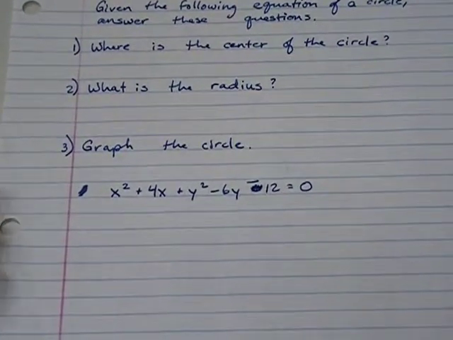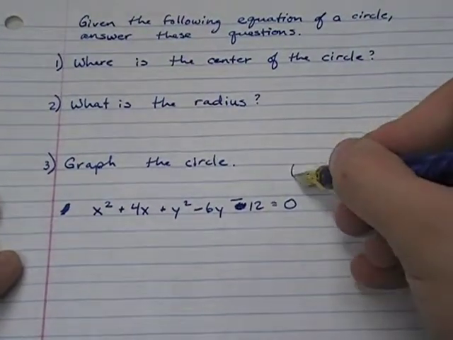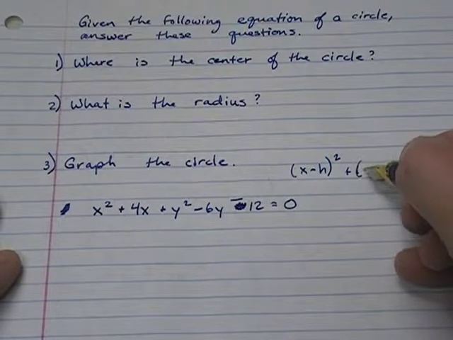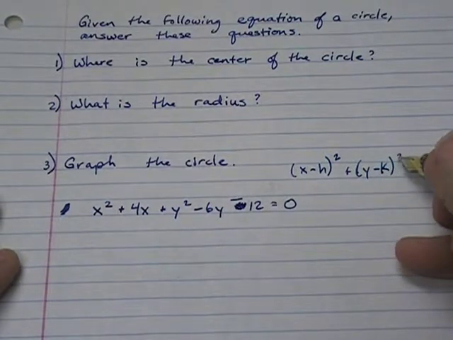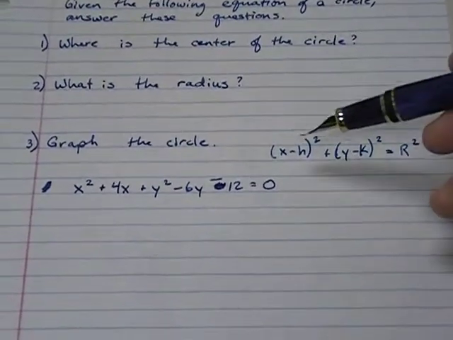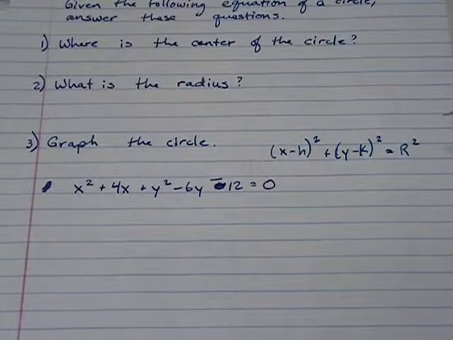Right now we've got x squared plus 4x plus y squared minus 6y minus 12 equals 0. And if you put this circle in the form (x minus h) squared plus (y minus k) squared equals r squared, then your center will be at (h, k), and your radius will be r.